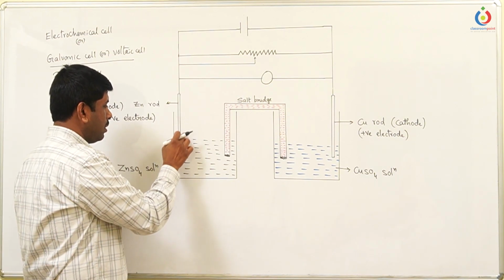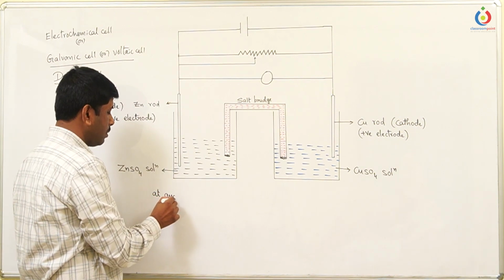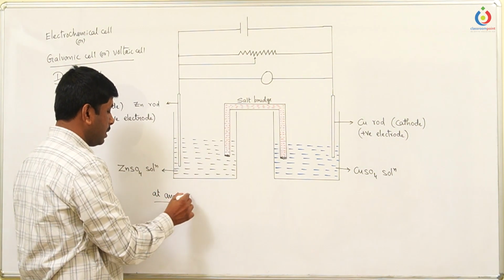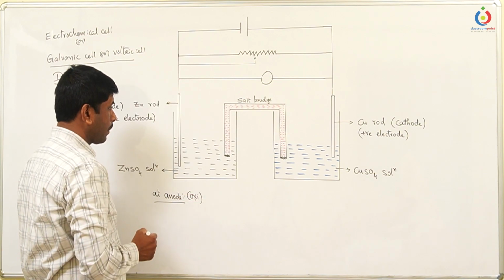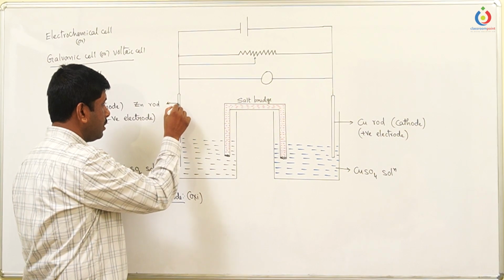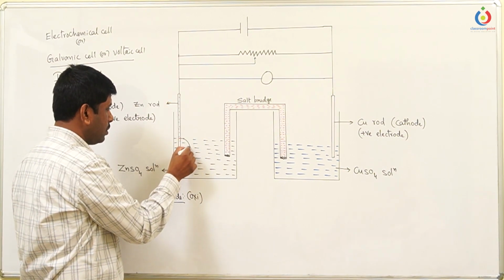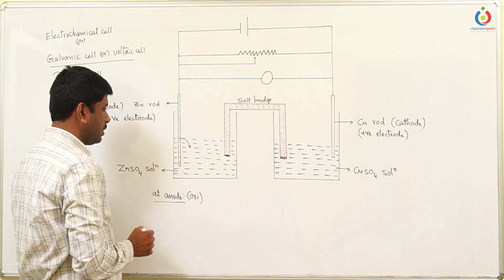Here the zinc rod dissolves into the zinc sulfate solution at the anode. Oxidation reaction takes place always at the anode. So the zinc metal atoms present on the zinc rod try to dissolve into the zinc sulfate solution.